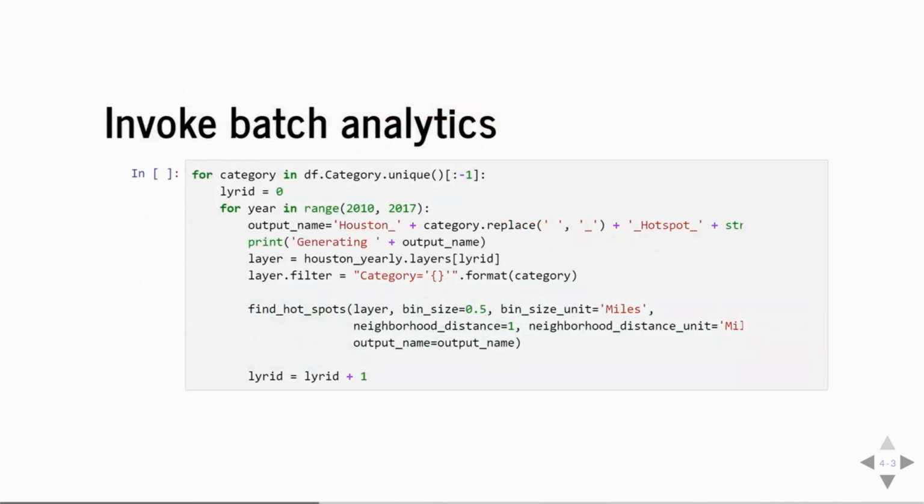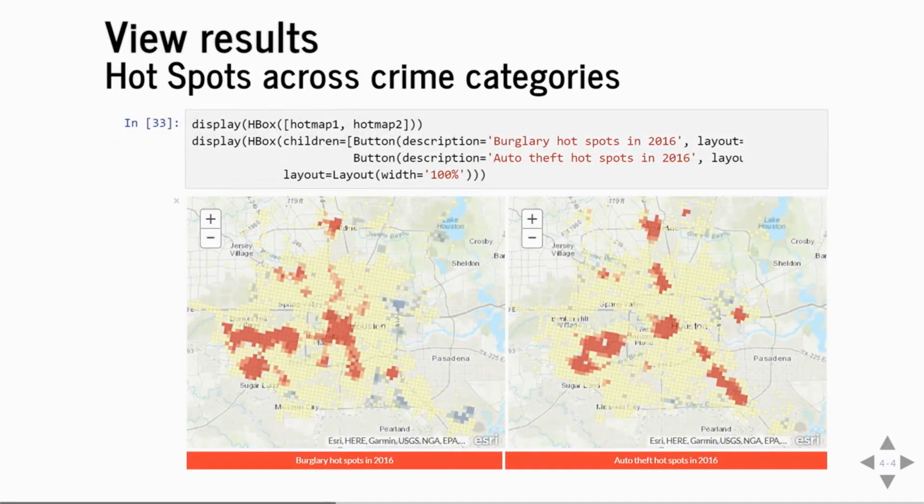We can then invoke batch GeoAnalytics on each one of them and start developing analytics. In this case, we want to take advantage of some hotspot analysis to find where crime patterns are occurring over time. So we're going to use a for loop and go over our whole category for them and do hotspot in each layer. We can then visualize and interpret those areas quite easily by leveraging the gis.map and adding our results to them.